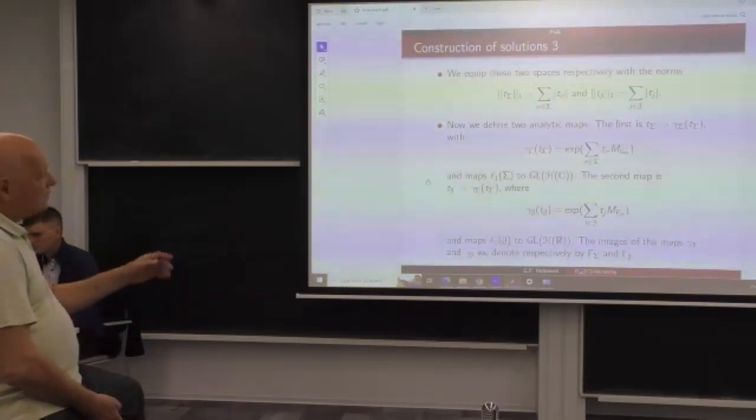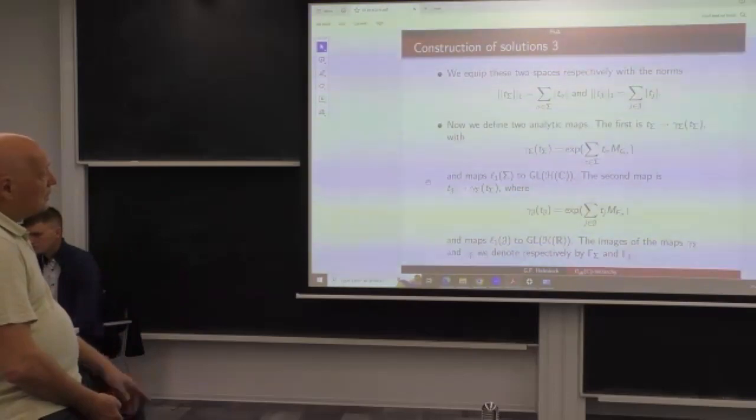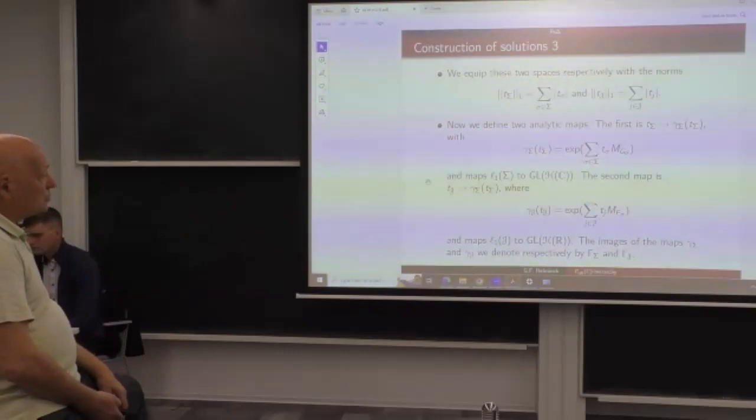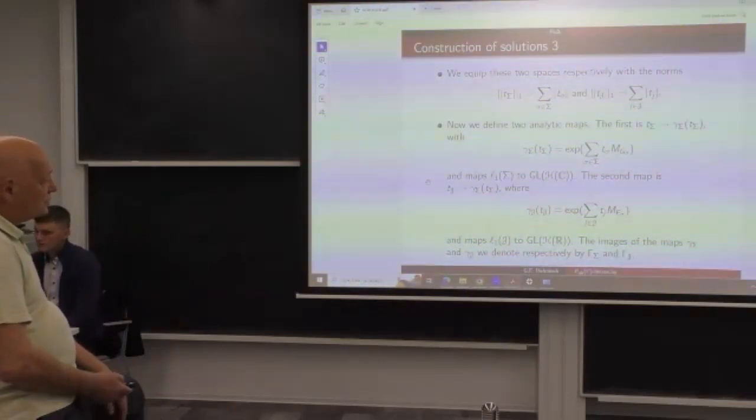Now we have two analytic maps. The first: you take the T sigma and map it into the bounded operators, and that gives you a map from L1 sigma to the bounded operators on HC.